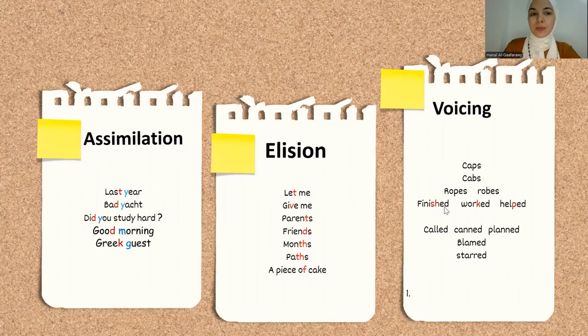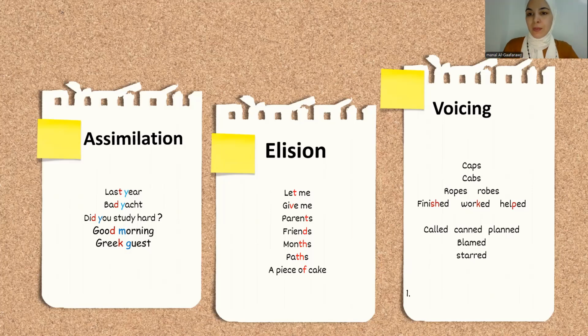Okay, other examples are related to the pronunciation of the regular past ED. If it occurs after certain voiceless consonants, the D will be T. So we say finished, worked, helped. And by the way, we should highlight these points when we teach those grammatical rules.